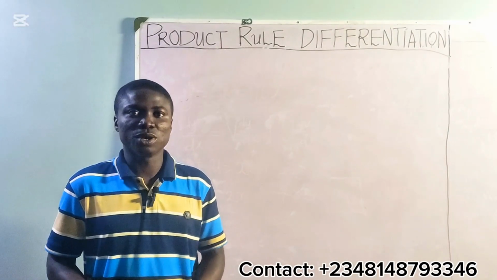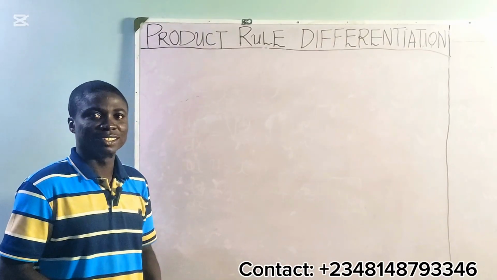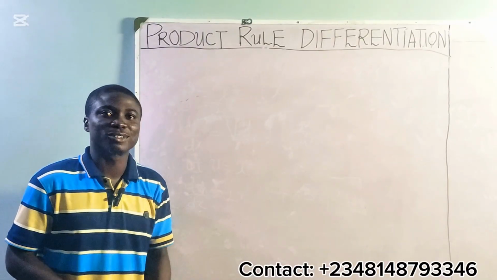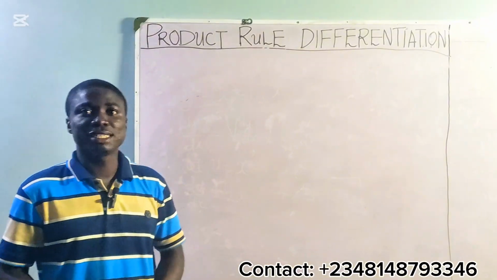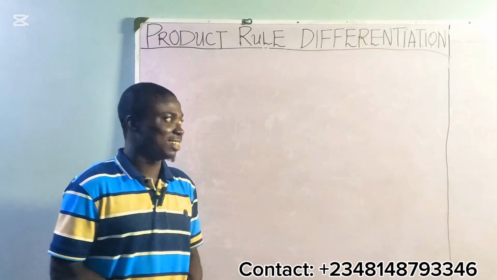In today's class, we are going to be dealing with product rule differentiation. All right, so what is a product? A product is simply the result of multiplication.